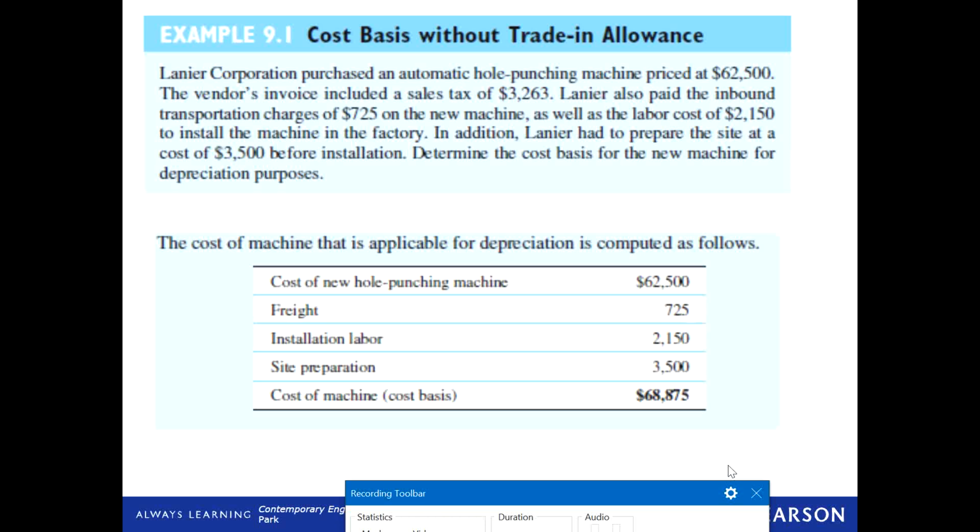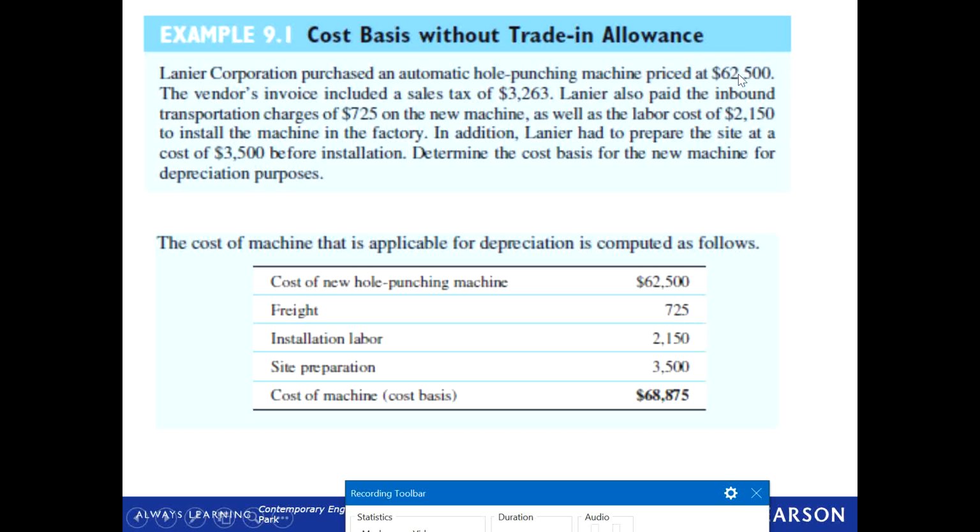Okay, now the only item you need to consider in this question is the tax amount. They purchase a hole punching machine for 62,500, and the vendor's invoice includes a sales tax of 3,263. So this amount already includes the tax, just like VAT, which is included when we pay the final amount.